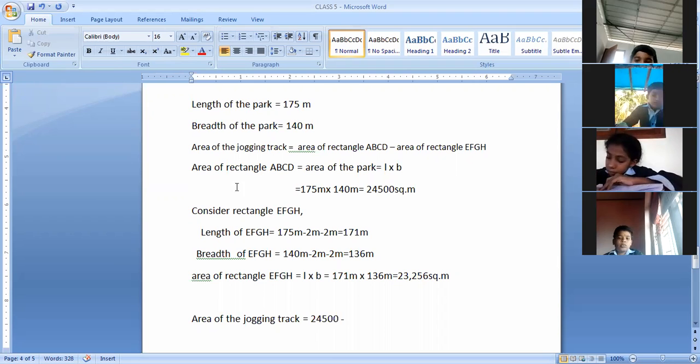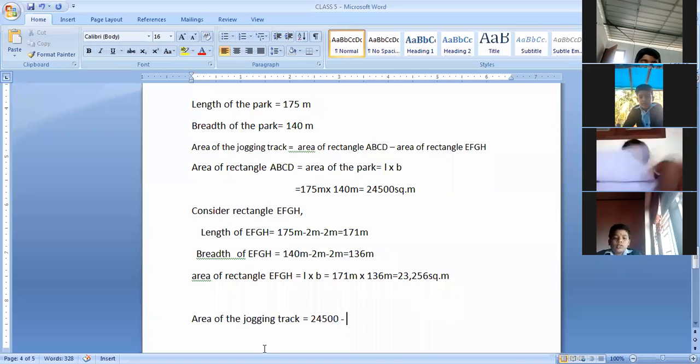Now, what is the next thing we need? We have to subtract the area of rectangle EFGH, right? Do you know the area of rectangle EFGH? 23,256. When you subtract that value from this, you will get 1,244 square meter.